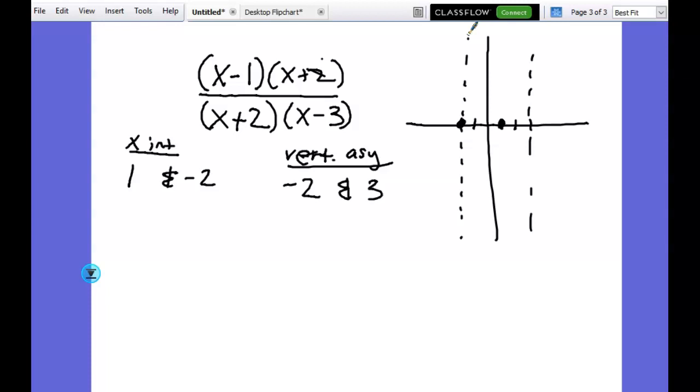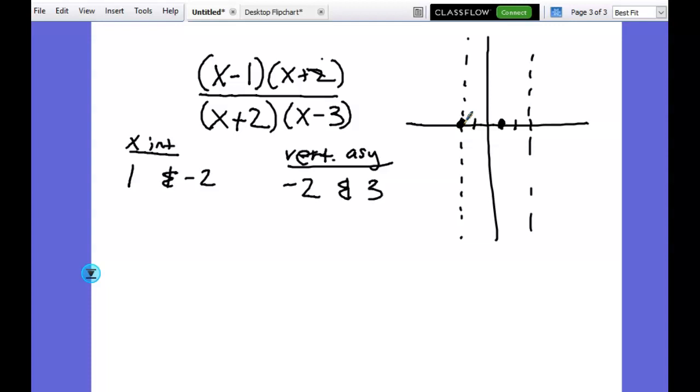Here's the thing. Can a graph touch its vertical asymptote? But I said that was one of the roots. I said that's where it touches the x-axis. So that's an issue. You can't have a root where there's a vertical asymptote.